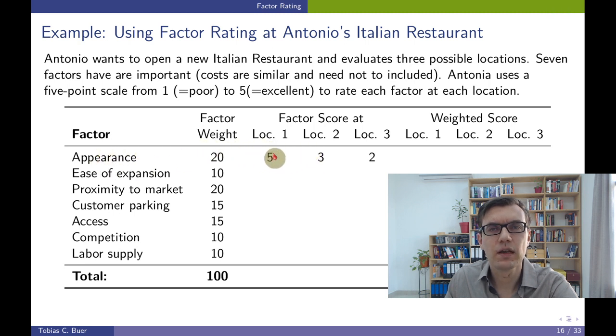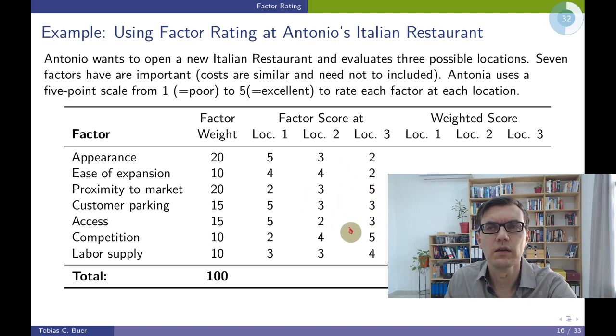The appearance at location 1 is really great, however, the appearance at location number 3 is mediocre, not very good. Now, this evaluation is repeated for all the other factors in the same way, using the same point scale.